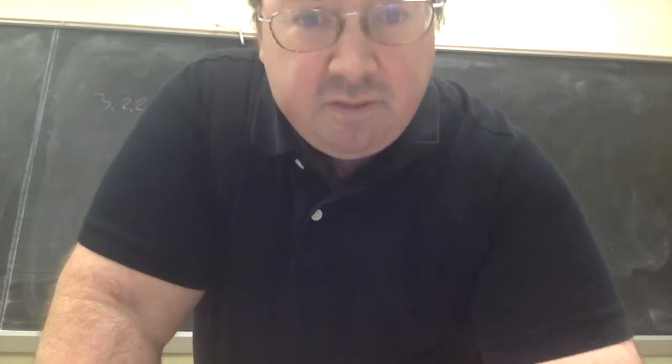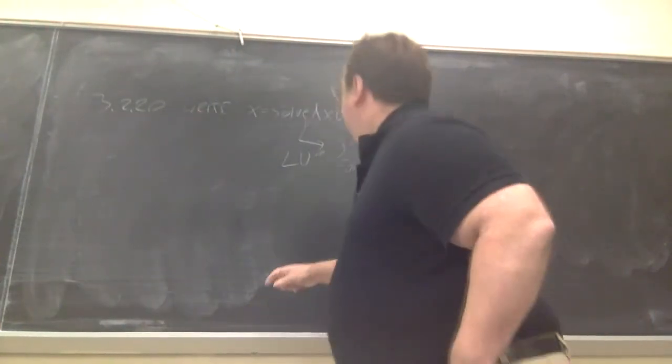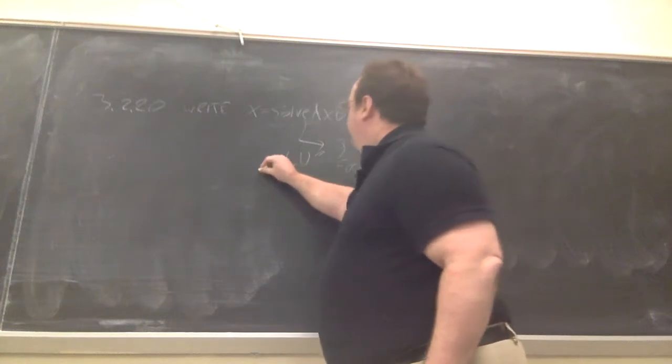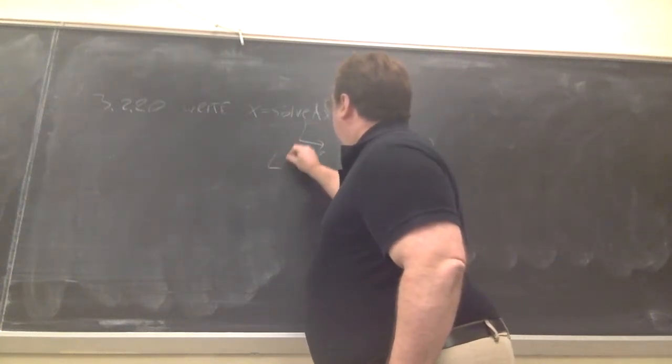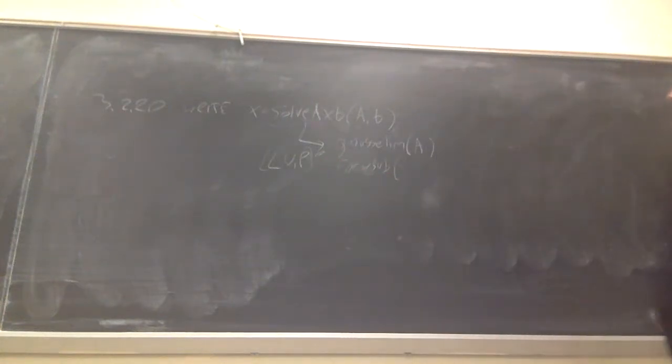Okay, so actually, this will need to return two outputs, LU and P. P will indicate what row interchanges were made. I'm going to talk about that in a little bit.